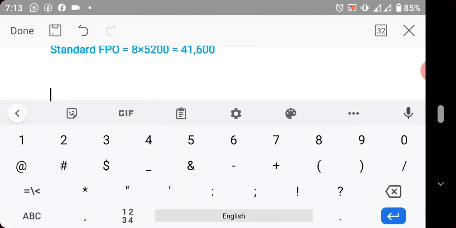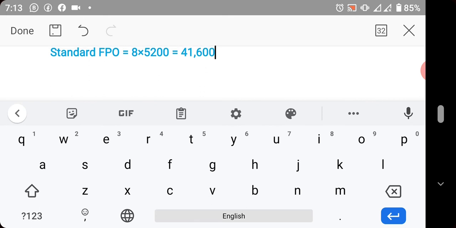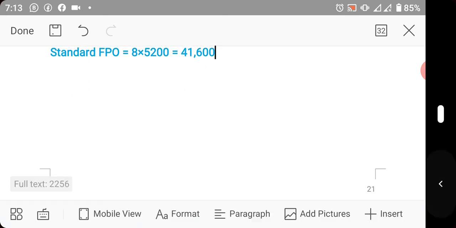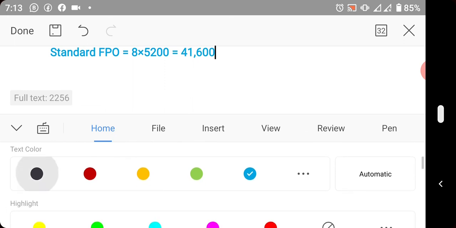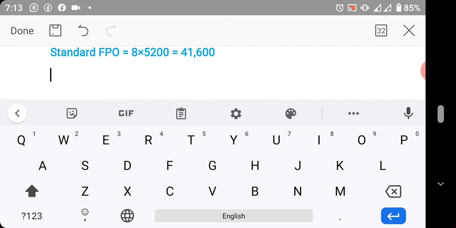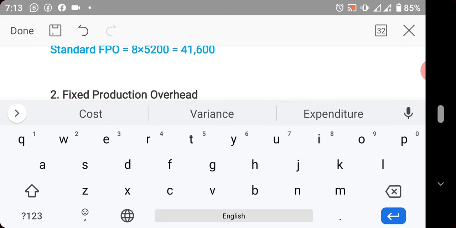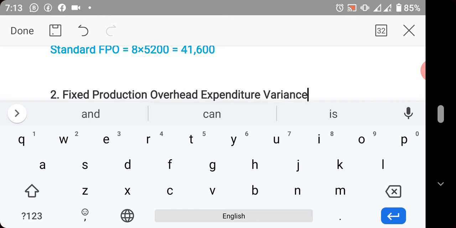So now I have number 2. We'll be looking at fixed production overhead expenditure variance.